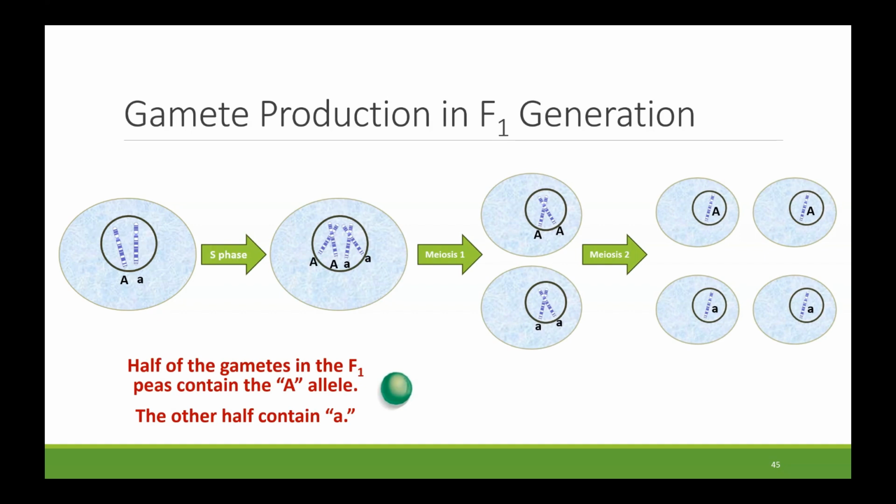So, unlike with their parents, where 100% of their gametes had the same genetic content because they were true breeding, for the F1 plants, half of the gametes contain a chromosome that has the dominant allele, and the other half contain a chromosome that has the recessive allele.